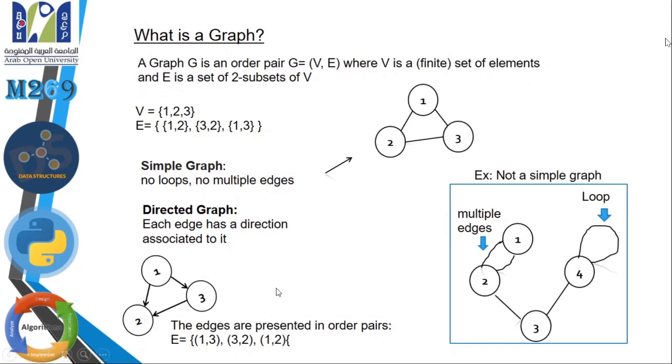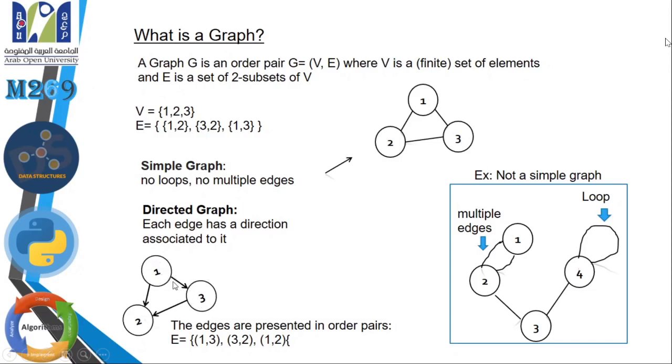Directed graph. So we have directed and we have undirected. Directed means if there is a connection between two vertices, there is an edge, and it has a direction. Here, 1 to 3 is a must; you cannot say 3 to 1.